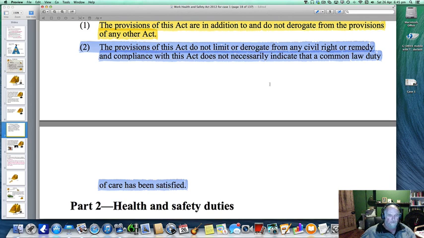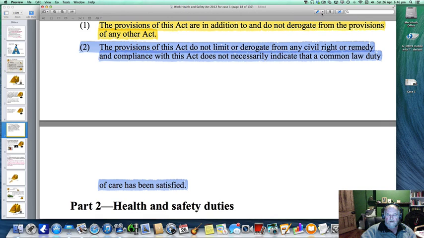Battery and assault are not just criminal provisions, there are also provisions under the civil law, which allows you to recover damages for somebody assaulting you, for instance. But most of the time it's going to be negligence. So provisions of this Act do not limit or derogate from any civil right or remedy. That's the first thing that's really important.